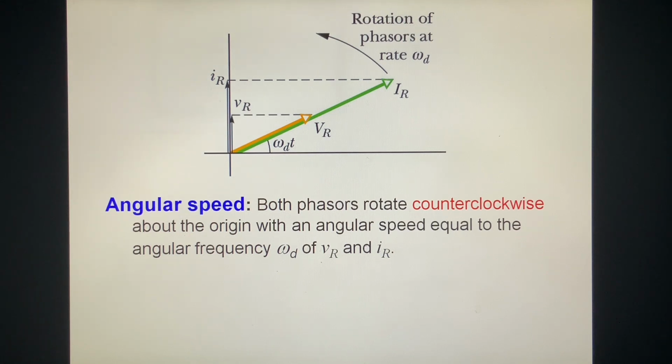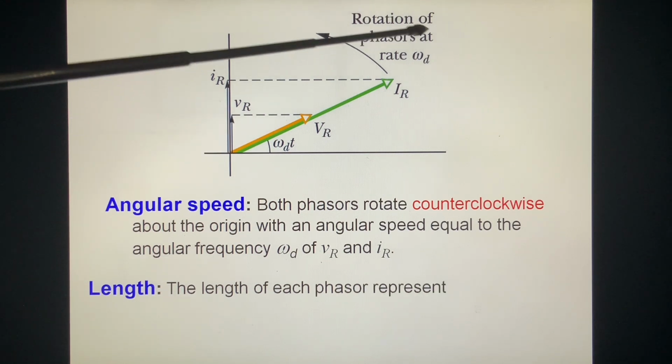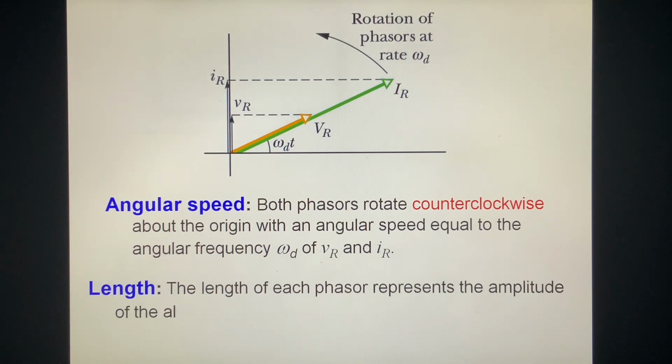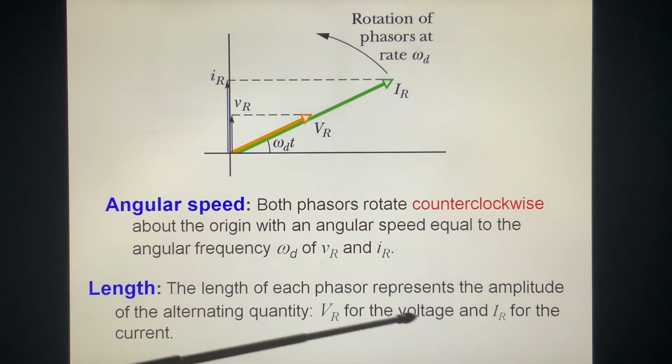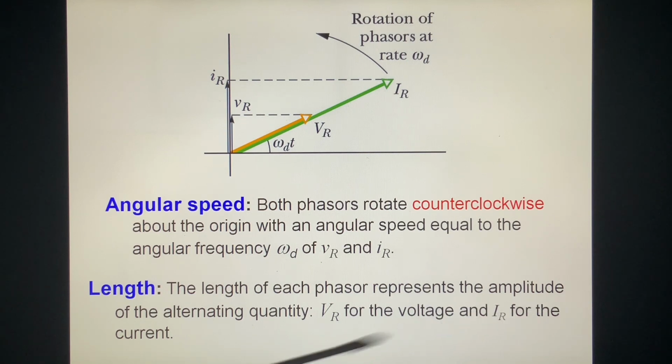Counterclockwise is positive; if it rotates clockwise, then it is a negative number. Second, length: the length of each phasor represents the amplitude of the alternating quantity, VR for the voltage and IR for the current.